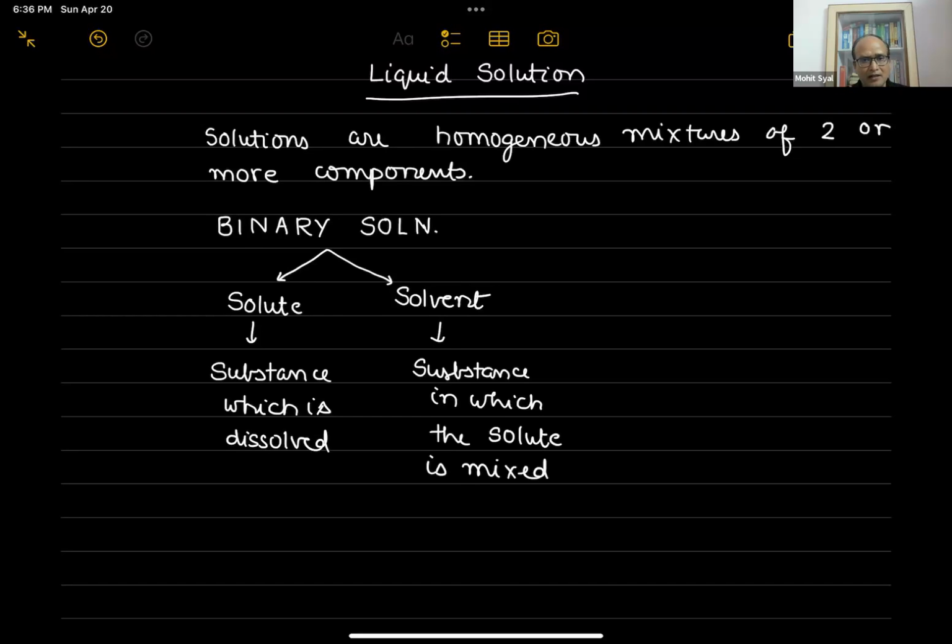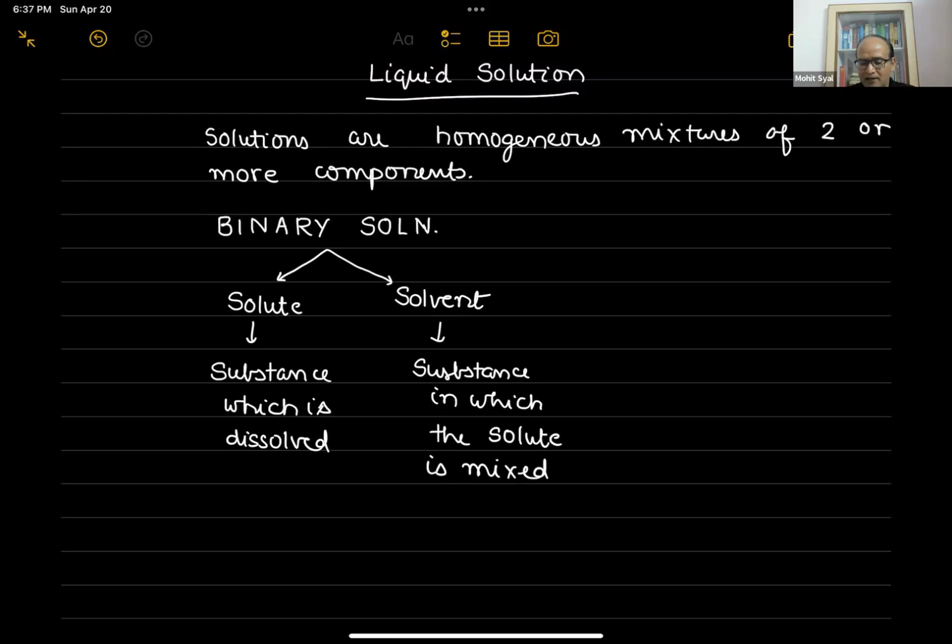In order to understand the properties of a solution, we need to know how much solvent is there and how much solute is there. Okay. And there can be various ways to classify this solution.